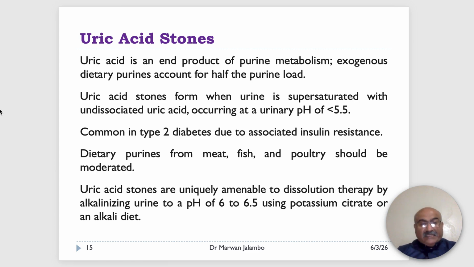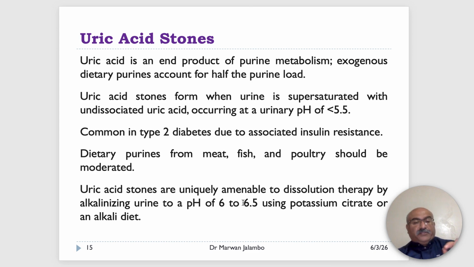We frequently see this in patients with type 2 diabetes and obesity. We advise these patients to moderate their intake of purine-rich animal protein. Uniquely, uric acid stones are the only stones that can be dissolved medically by alkalinizing the urine to a pH of 6 to 6.5.